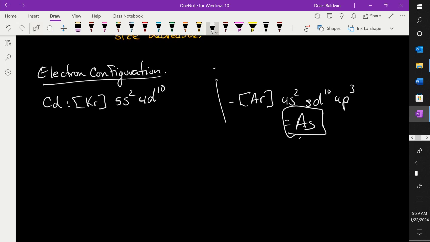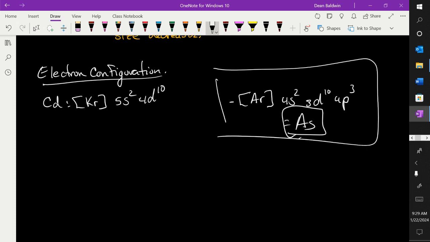How many valence electrons are there? What do we worry about for valence electrons? What orbitals? P and S. So this one has 5 valence electrons.